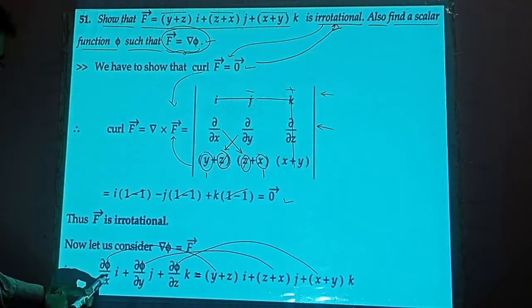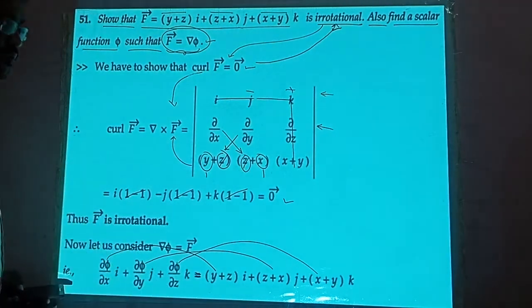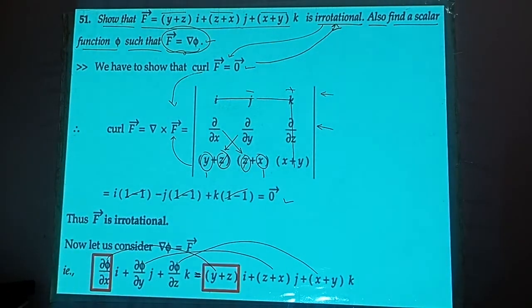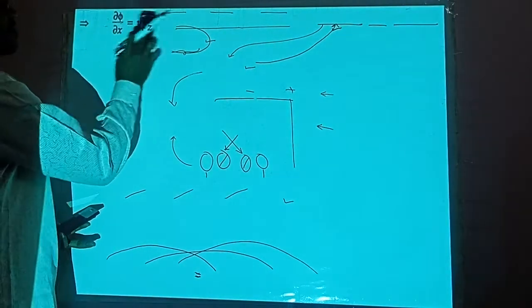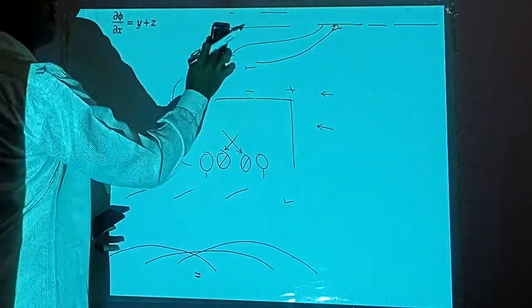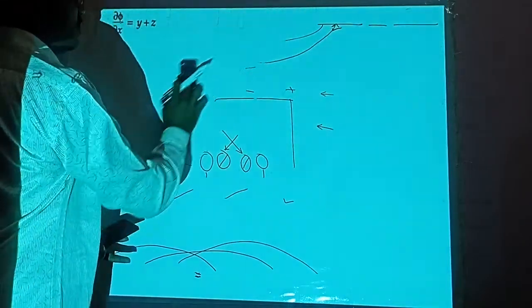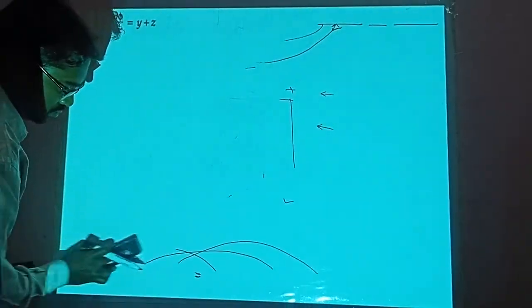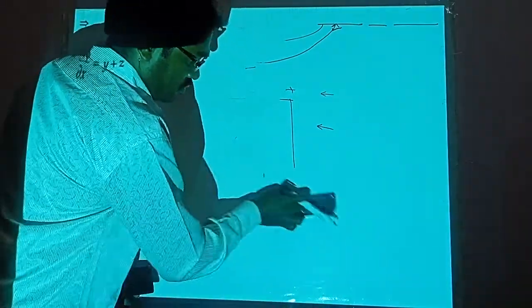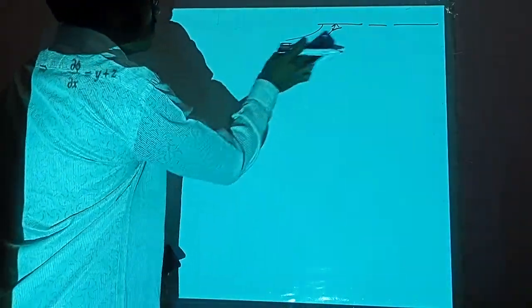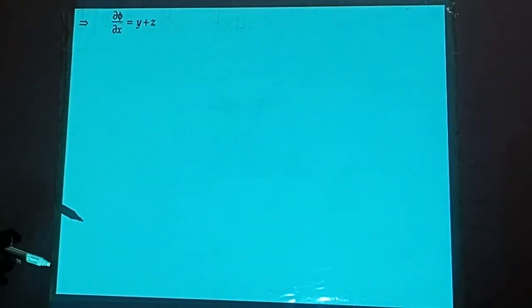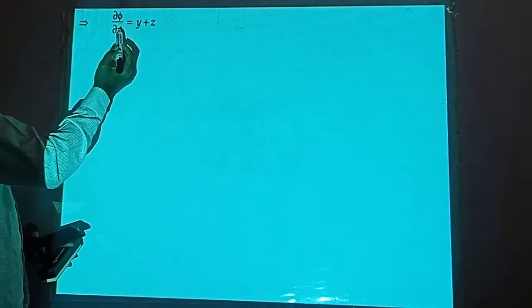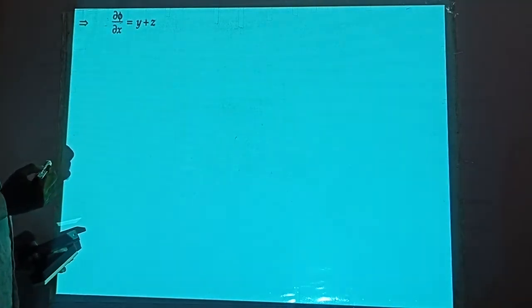So dou phi by dou x is equal to y plus z. We have equated the coefficients of i.